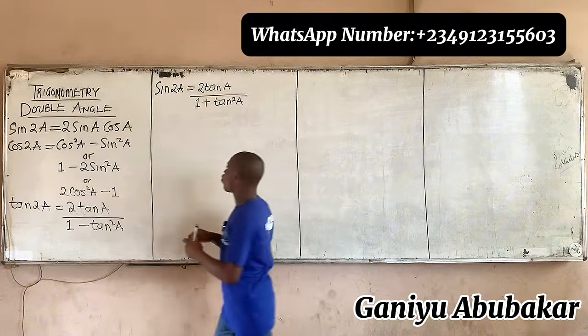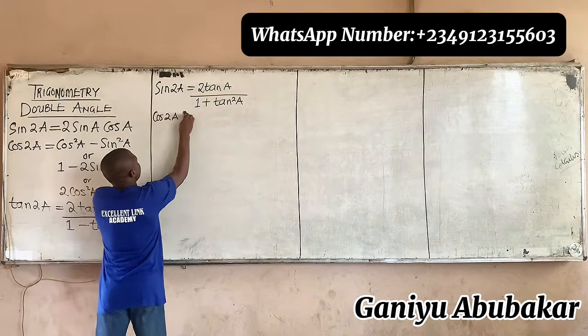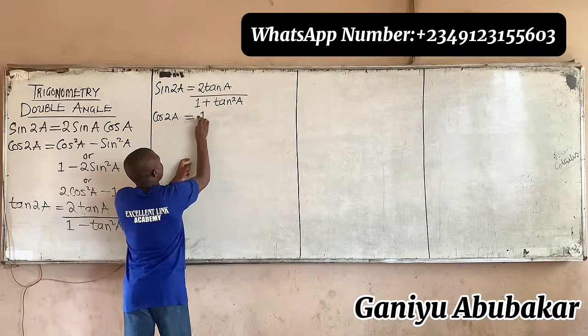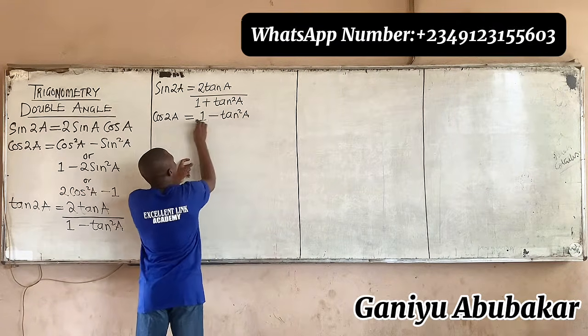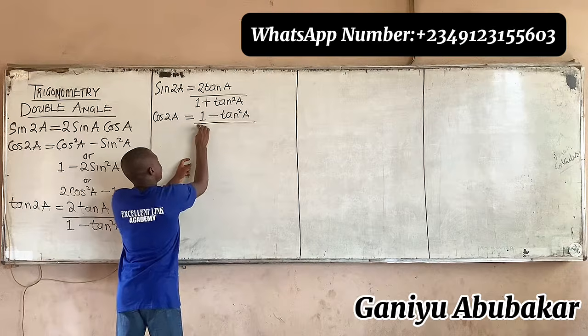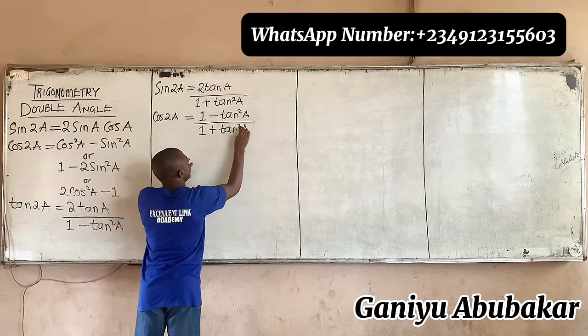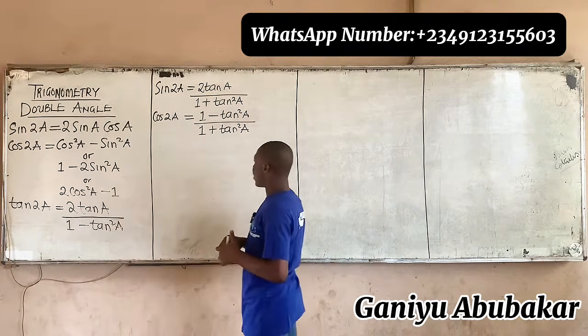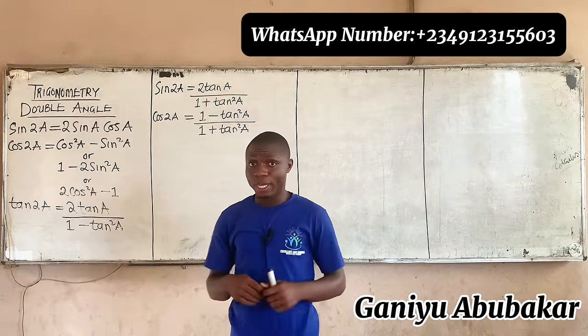Also note that cos 2a in terms of tan becomes 1 minus tan squared a all over 1 plus tan squared a. So this becomes your mathematical expression for cos 2a.